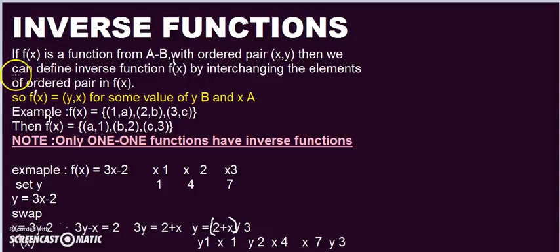Suppose f of x is my function from A to B, with ordered pair x comma y. This function is defined from A to B. Then I can define an inverse function, f dash of x.